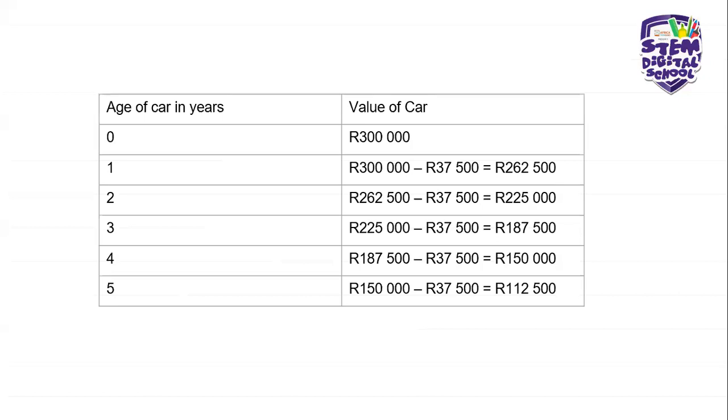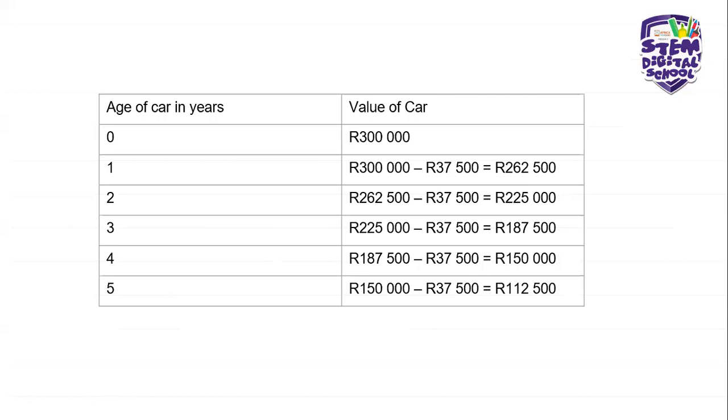It's only at the end of the first year, on the same date that you bought the car, that we start evaluating the value of the car. And since the value that is lost will be 12.5%, it simply means you are going to subtract 37,500 from 300,000 rands. And this will give you the value of the car at the end of the first year.